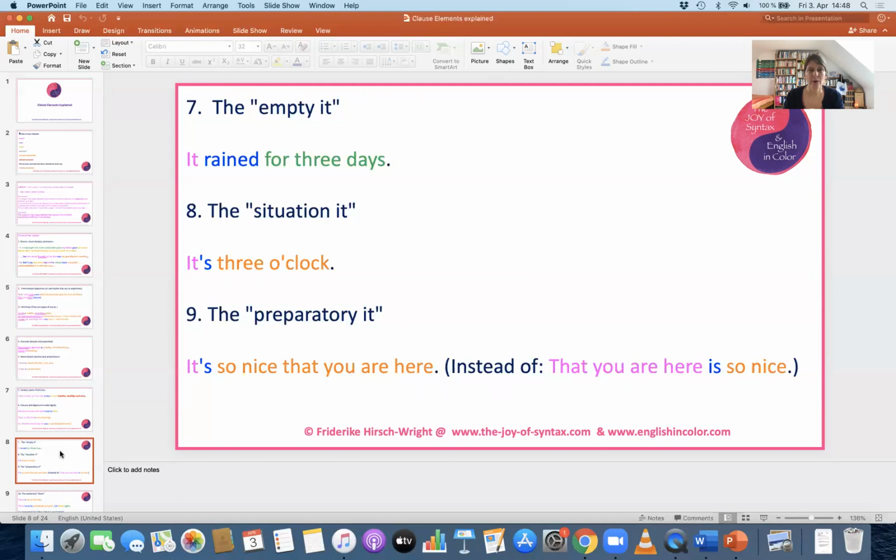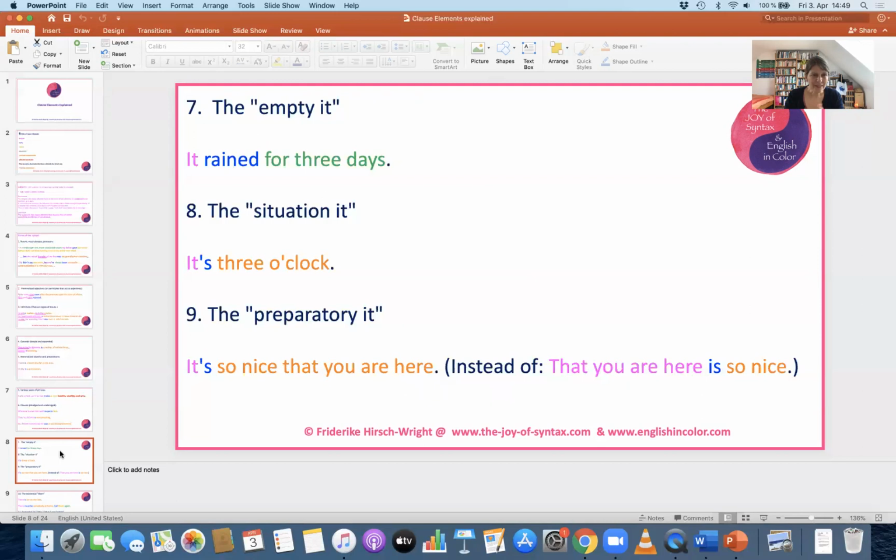With the weather in English and in German, we can't have a functioning subject, because in our Western tradition we don't believe that someone makes the rain, but we think that rain just happens for a number of reasons. And so we say it rained for 3 days, not St. Peter made it rain or whatever. So it can be a so-called empty subject, or a dummy subject, and it just serves as the grammatical subject so that we can express that it rained.